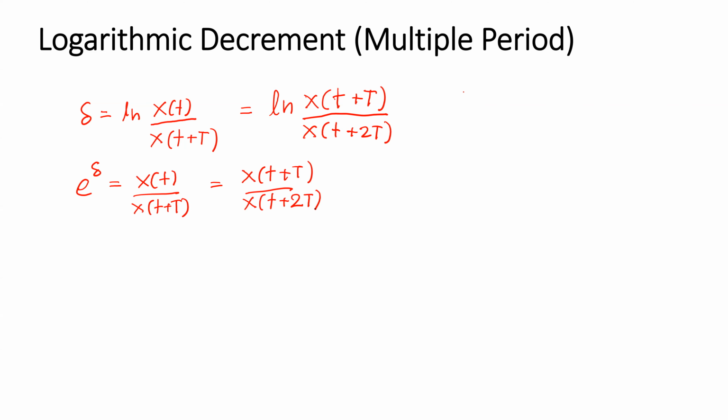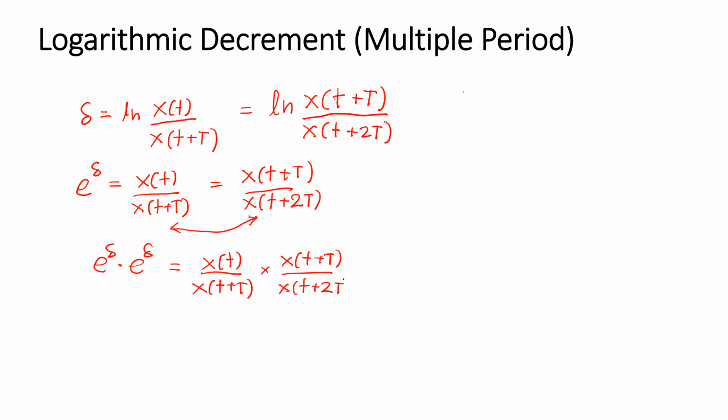And if you multiply these two terms, what we get is e to the delta multiplied by e to the delta equals x at time t divided by x at time t plus period, multiplied by x at time t plus period divided by x at time t plus 2 periods.